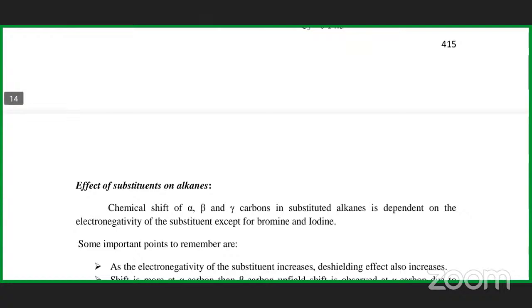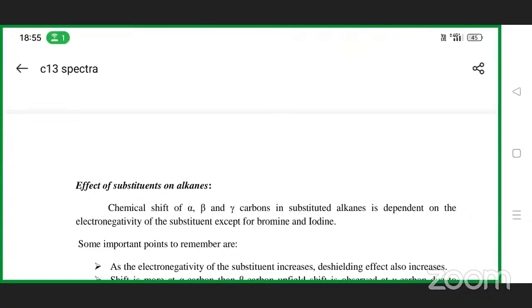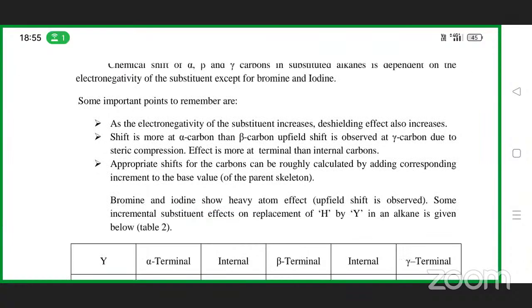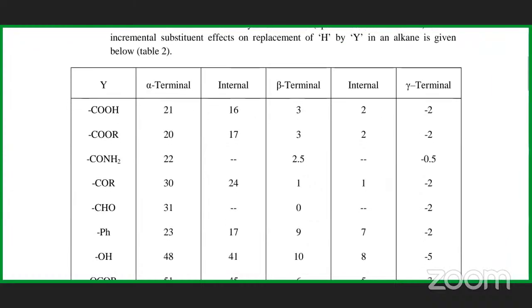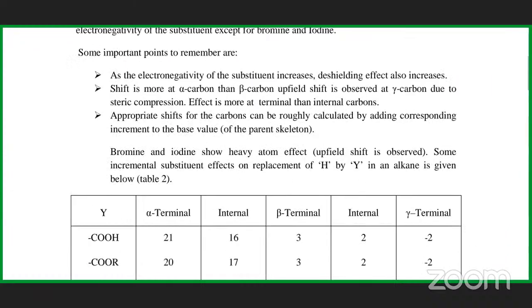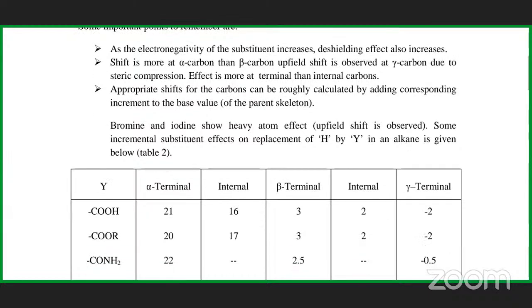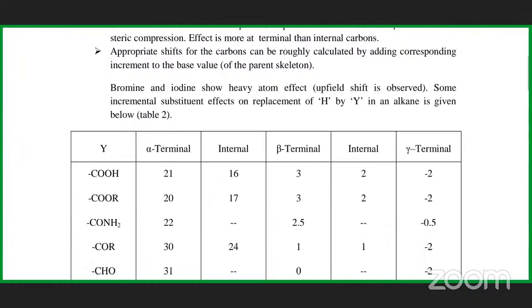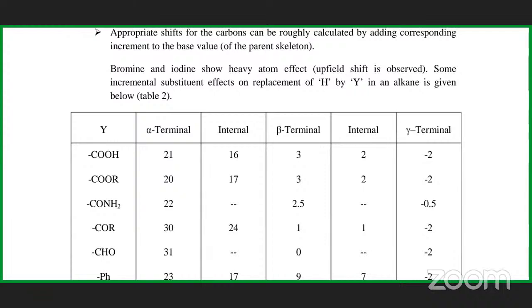Next, the effect of substituents on alkanes. Here, how the presence of substituents on the alkanes impacts the delta chemical shift values. For example, if a carboxylic acid group is present at the alpha position, then the added value is 21.